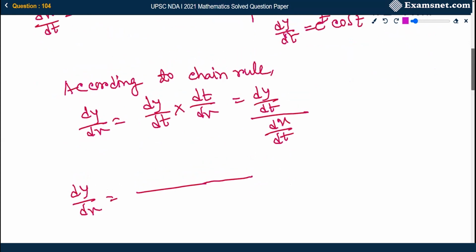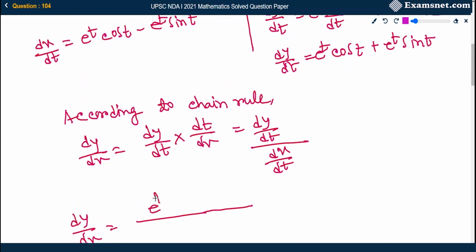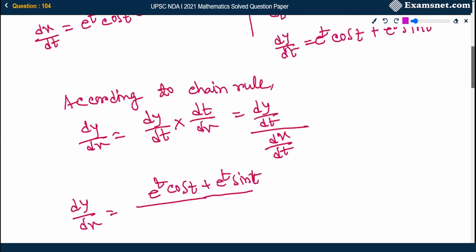So let's check the value of dy by dt: e to the power t cos t plus e to the power t sin t. Now let's check dx by dt: e to the power t cos t minus e to the power t sin t.